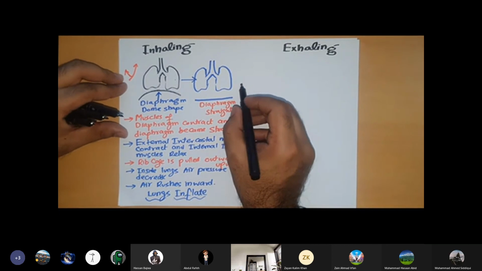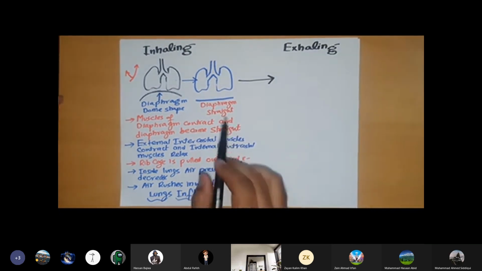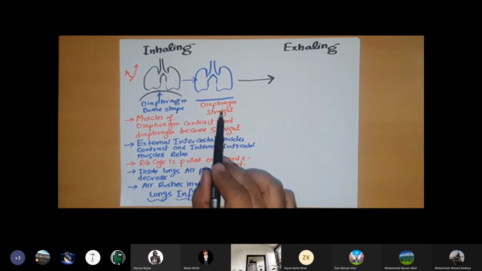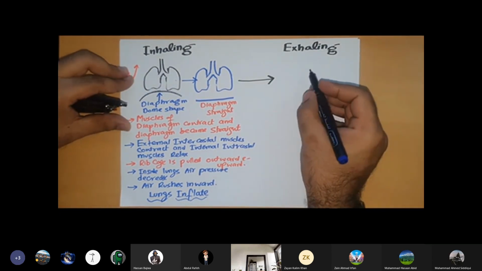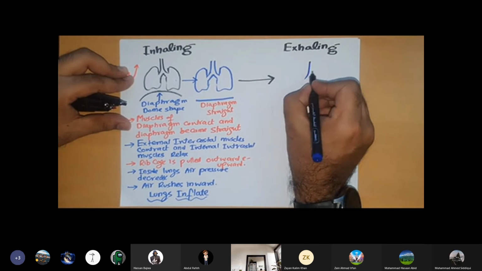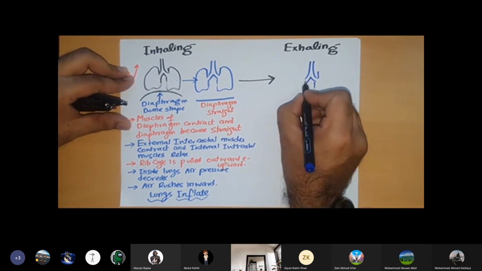So the first step: the diaphragm, which was straight, now relaxes. The muscles of the diaphragm relax and the diaphragm comes back to its original dome-shaped position. I can show you again with the help of a small diagram.